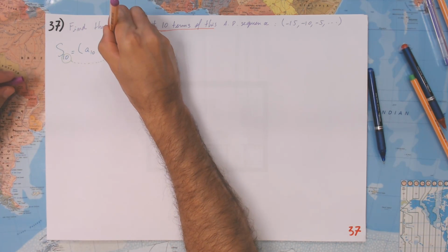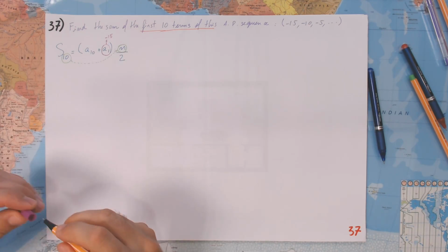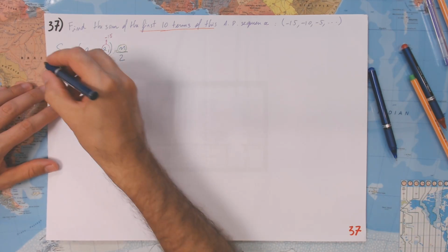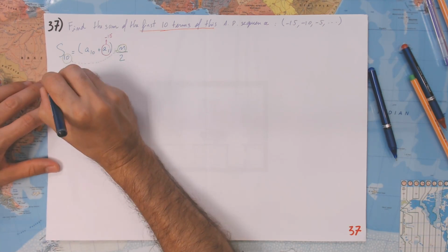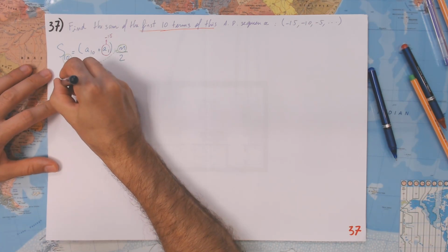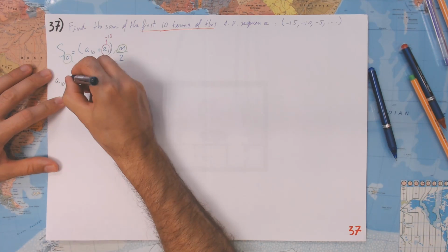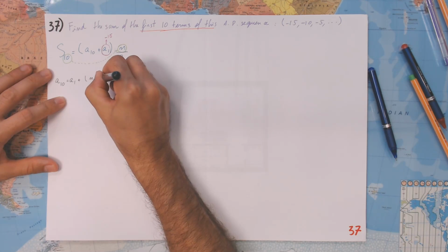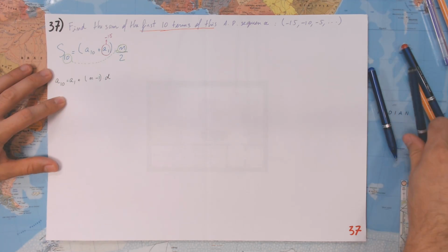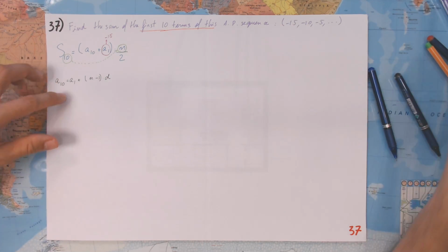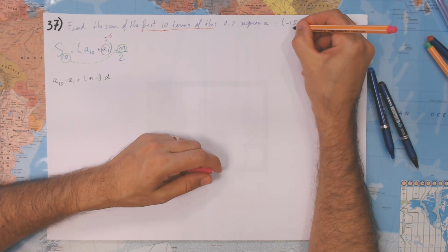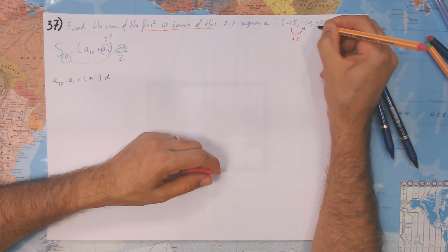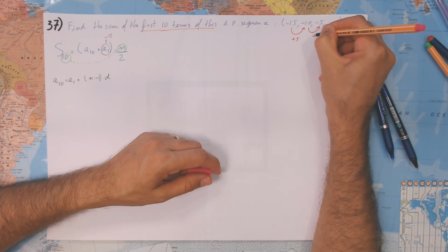Okay, and we have to find out what a10 is, and using the general term equation, remember a10 is going to be a1 plus n minus 1 times the common difference. And what is the common difference? It is going to be this one. From minus 15 to minus 10 it is a plus 5, minus 10 to minus 5 also plus 5.